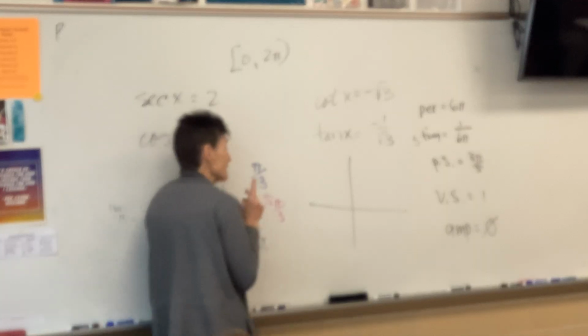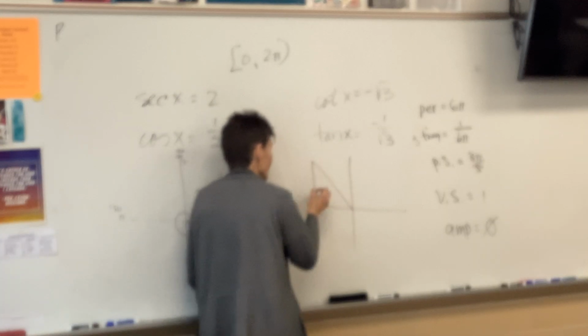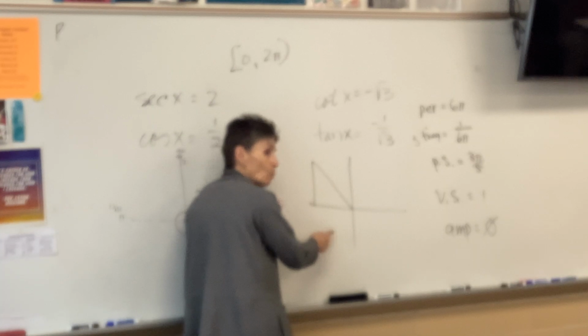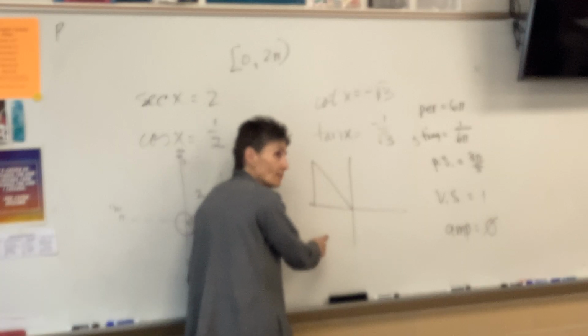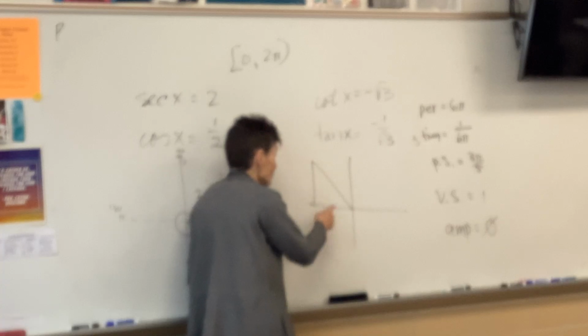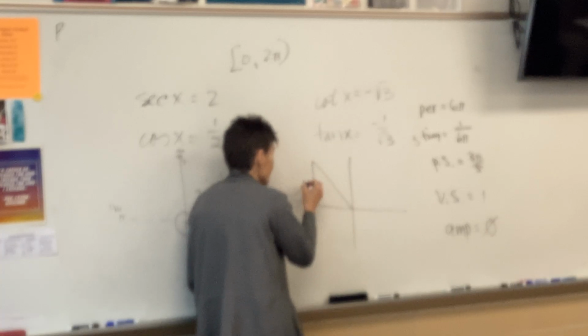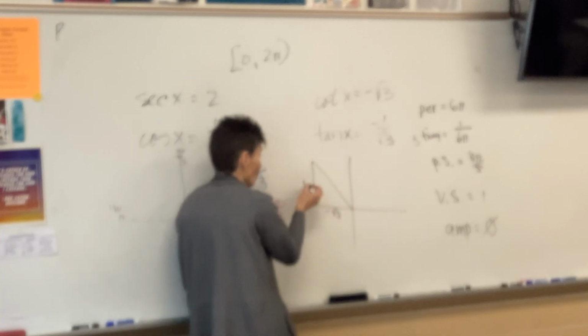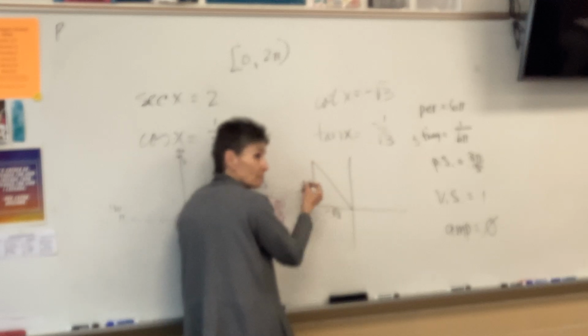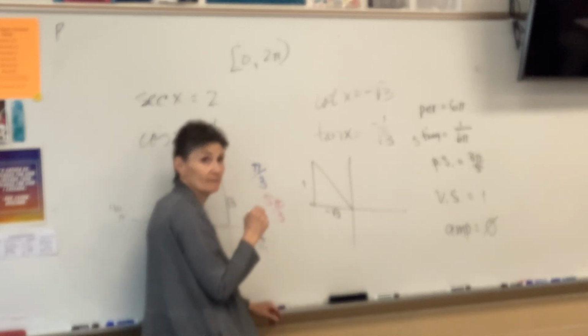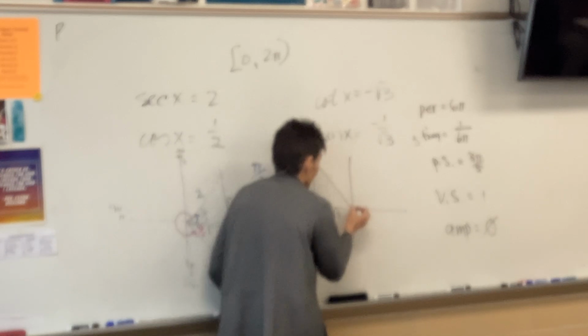Well, it'll be negative here, but it won't be negative here. Why will the tangent not be negative here? Because it's negative, negative. So here, it looks like this. 1 over negative root 3. Where else is it negative? Quadrant 4.